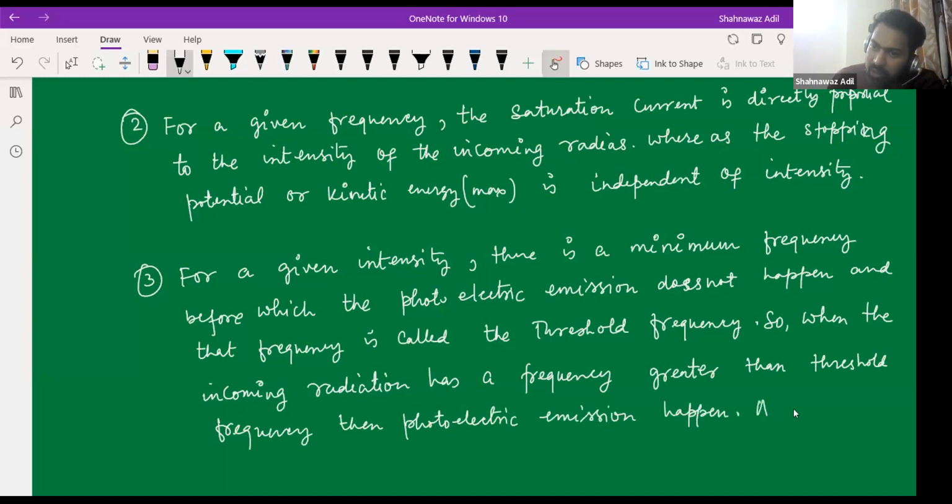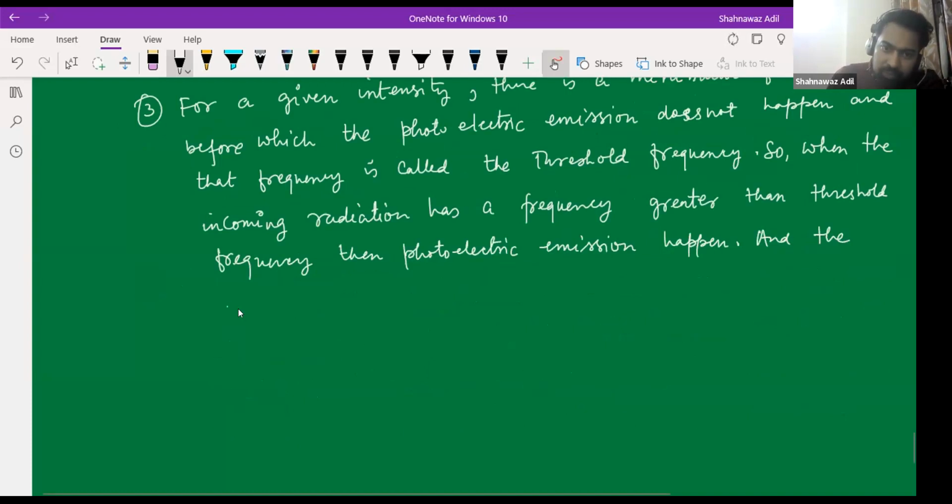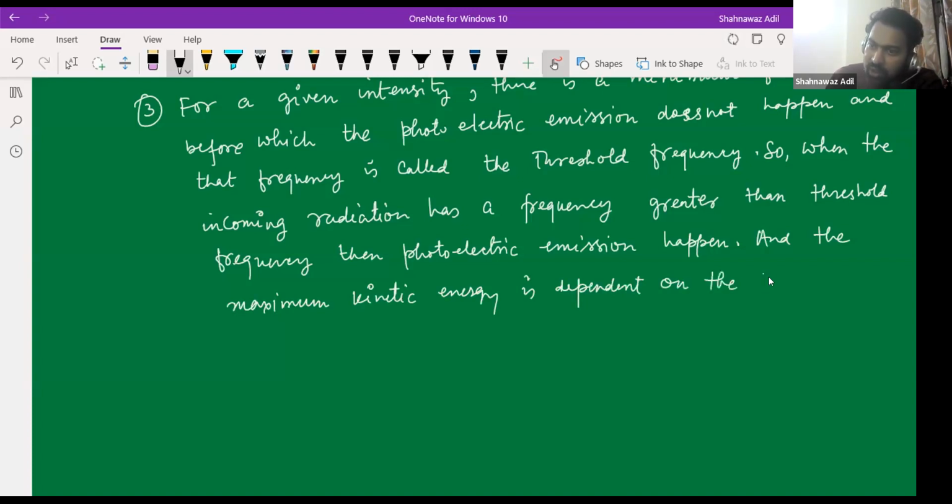And the maximum kinetic energy is dependent on the frequency of incoming radiation.